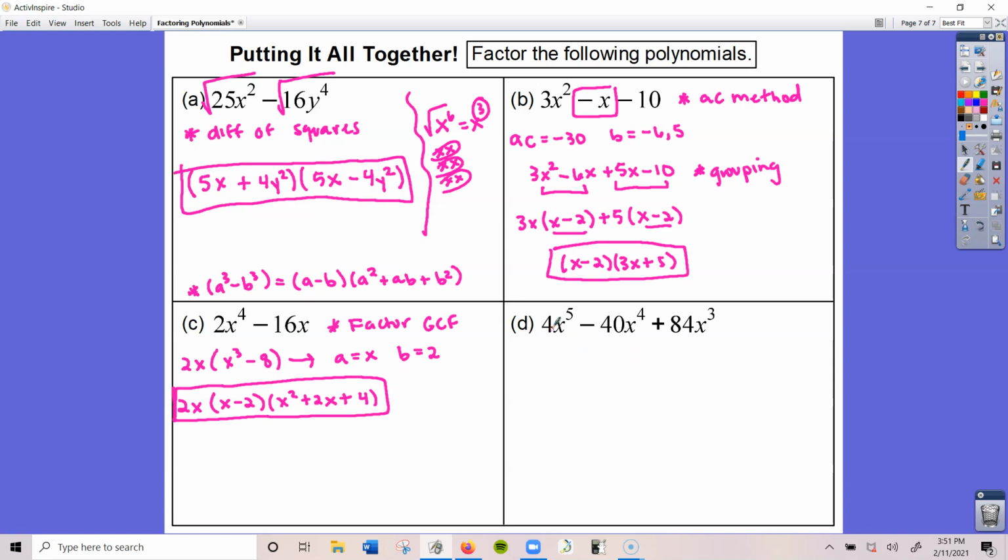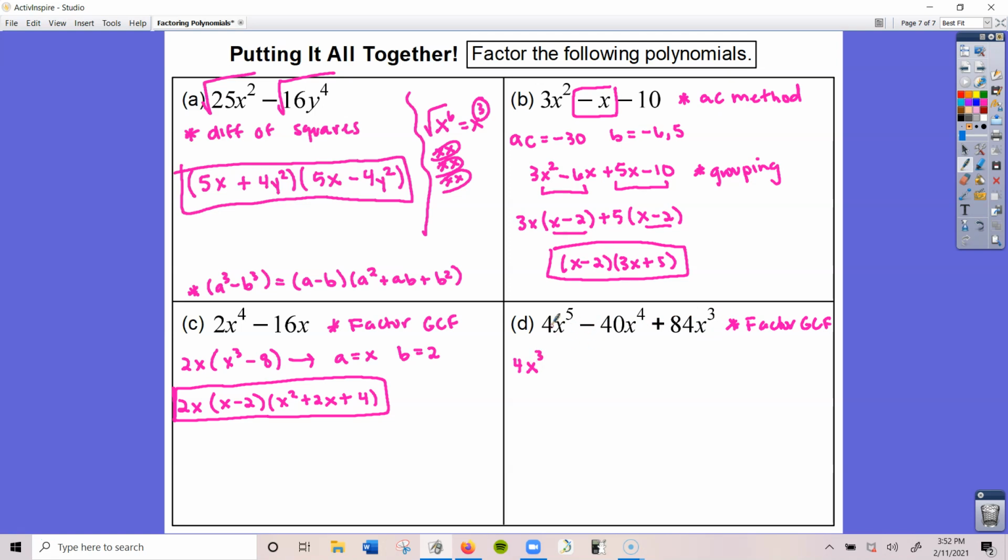Last question here, we have 4x to the fifth minus 40x to the fourth plus 84x to the third. Again, I'm going to scan everything and first check to see if I can factor out the GCF, which all of these coefficients are divisible by 4. And in terms of the x's, I can take out an x to the third.